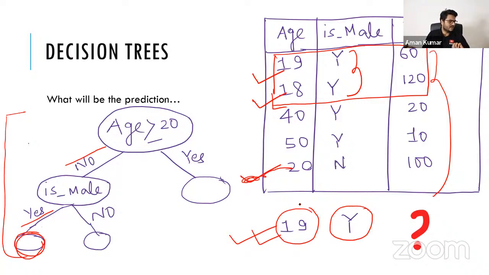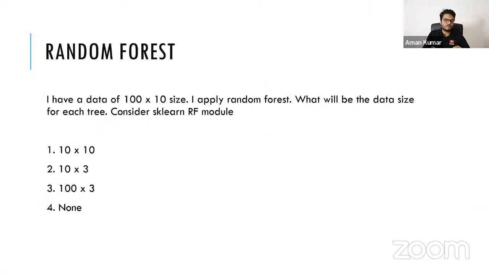Some of you are now saying 90, because 90 is the average of 120 and 60. You agree with me on 90? Most of you are agreeing on 90. Let's go to the next one.